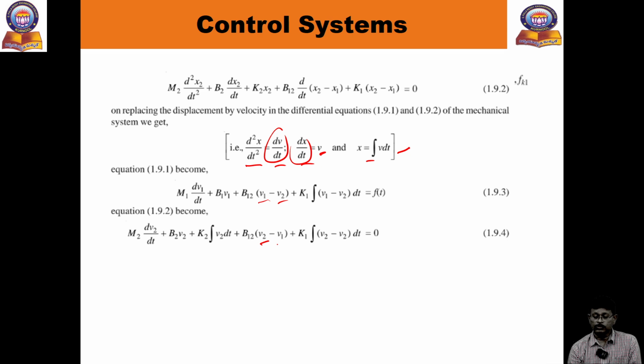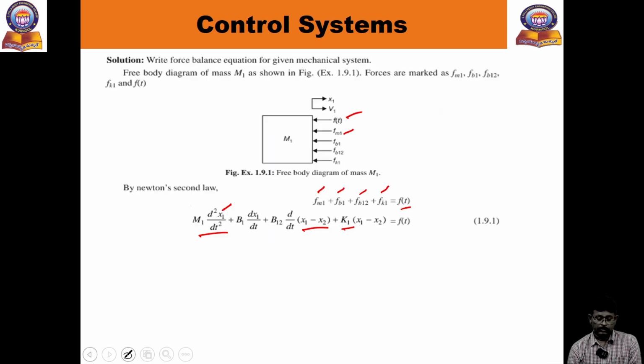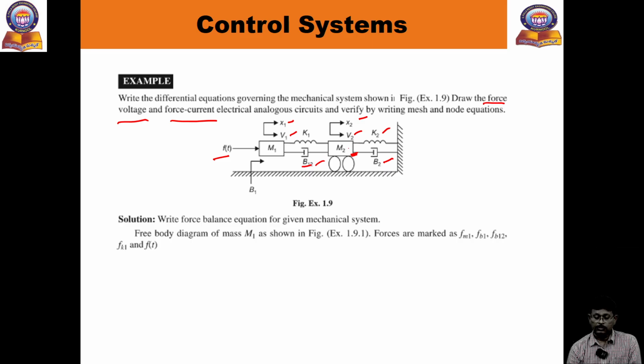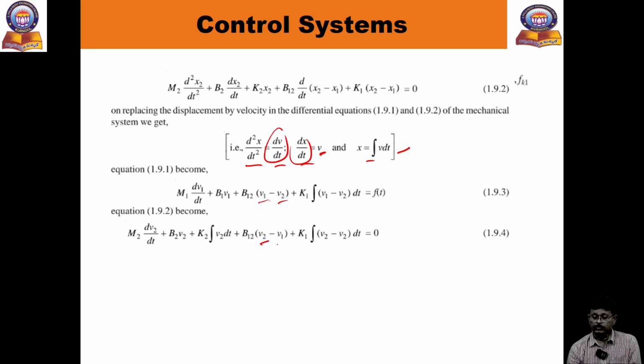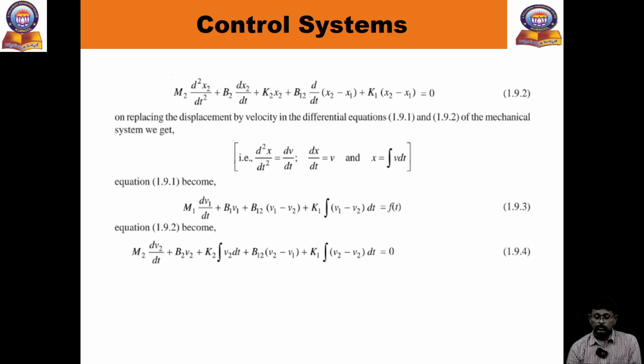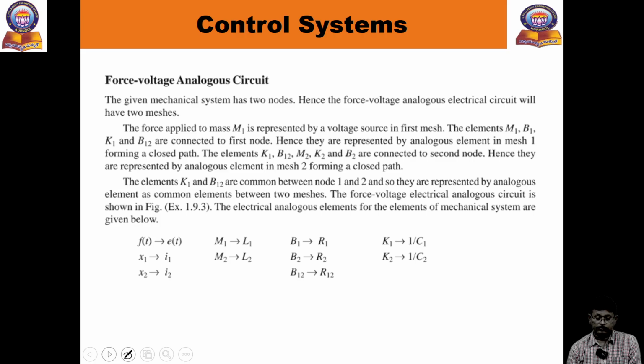Similarly k1, in place of x, x1 minus x2, what will you get? The integral of v dt, so the integral of (v1 minus v2) dt. Now you get the equations.